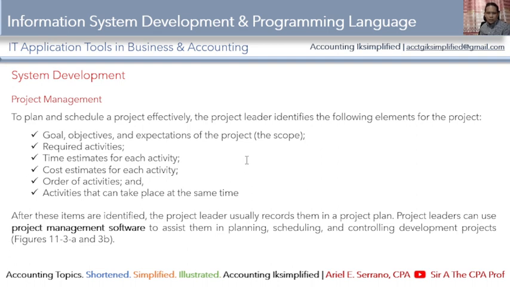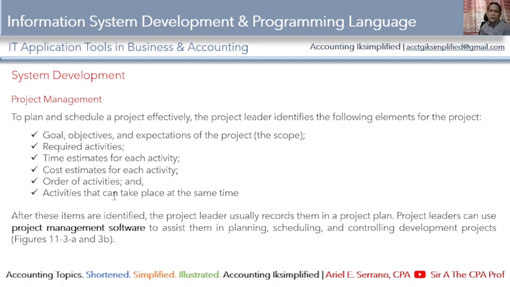Ito yung makikita ninyo dito na naka-open and close parenthesis. Ano ba ang mga gagawin? This is the required activities. Time budget, time estimates. Kailan ba tayo expected na matapos? Cost estimate, magkano ba ang budget? Okay? Order of activities, papaano yung pagkasunod-sunod? And the activities that can take place at the same time. Kung merong order yung mga activities, alin sa mga activities yung pwedeng pagsabayan?